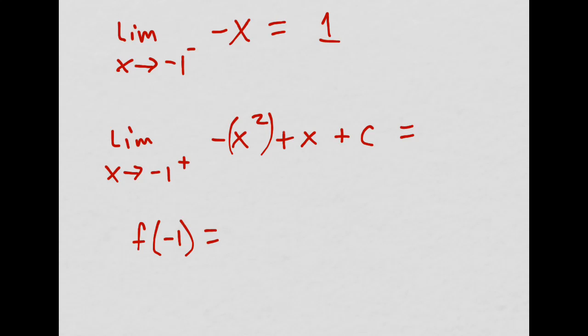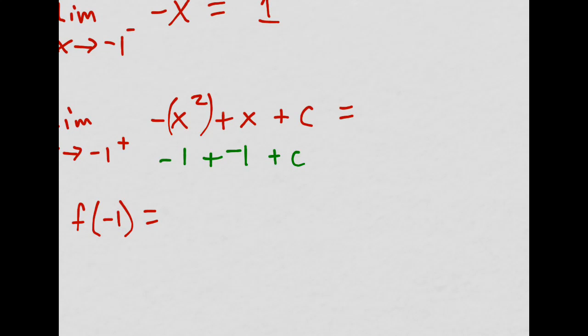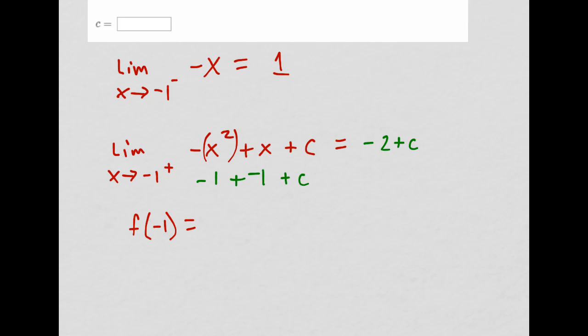Negative 1 plus negative 1 plus c. That ends up being negative 2 plus c. And we are assuming that those two have to be equal.